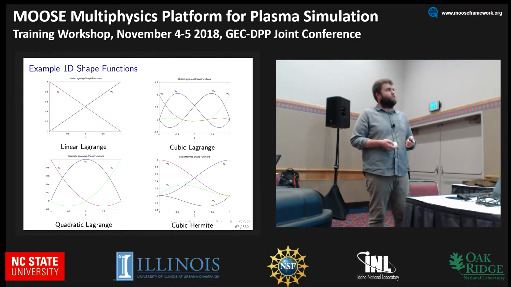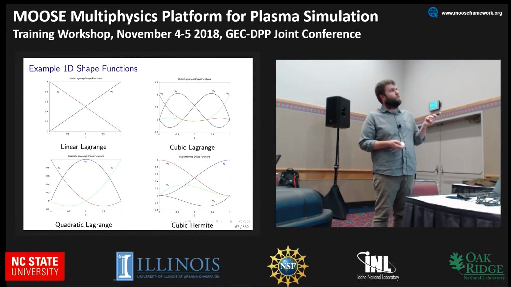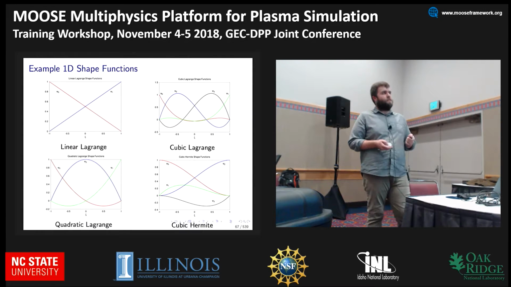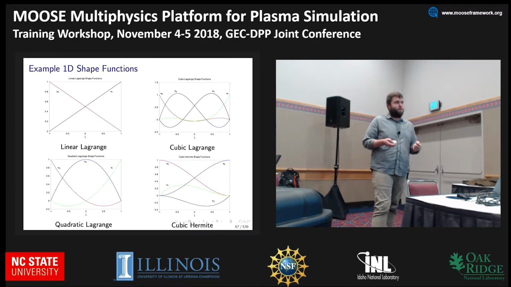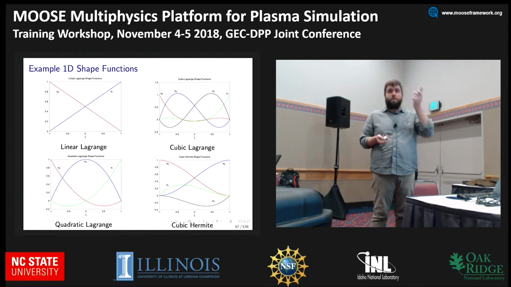This is a visual example of all of these in terms of order. You have linear Lagrange, quadratic Lagrange, the second order, third order, and then fourth order, or cubic Hermite, sorry. These depend on what your needs are. If you have a wildly oscillatory problem, you might want to use a higher order basis function in order to capture all of that.